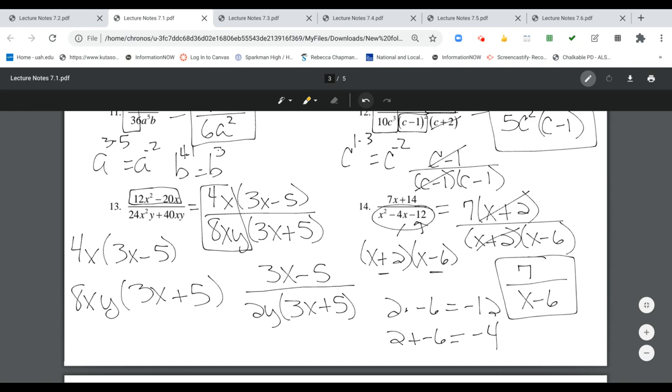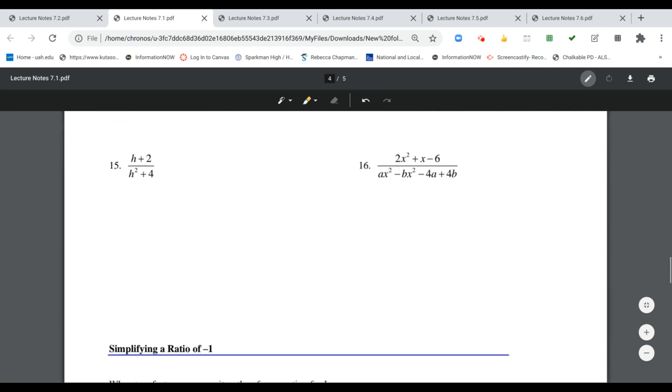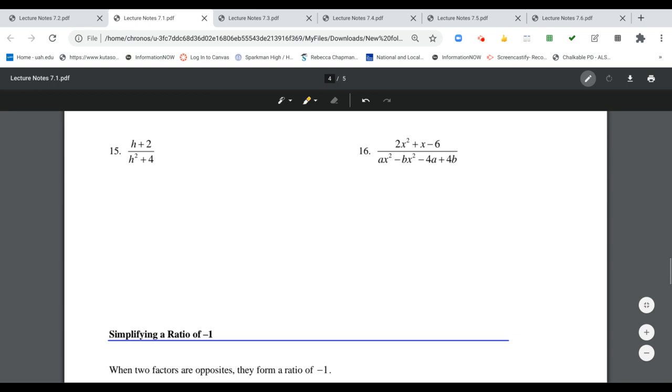Grand total, final answer. So there's a lot of stuff going on. So you have really got to be up to par with your factoring, because if not, this is going to be a huge struggle. All right, in number 15, this one cannot be simplified.